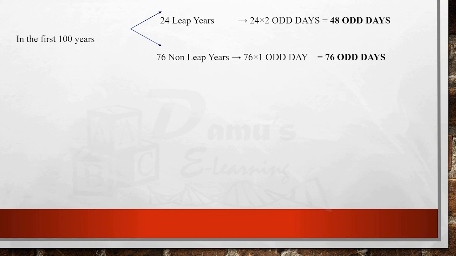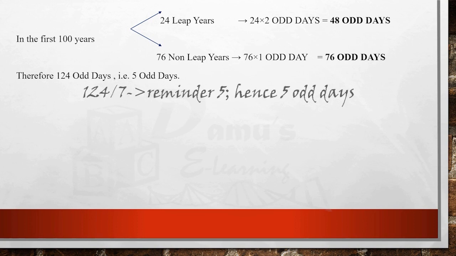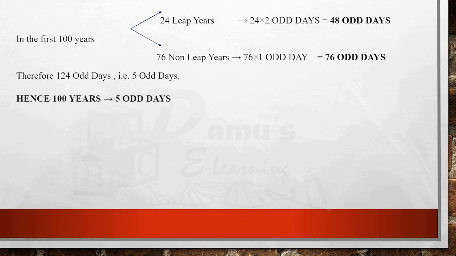And 76 non-leap years means 76 into 1, 76 odd days. Therefore, total 124 odd days. Now, 124 odd days means 124 divided by 7. Remainder is 5. Hence, in the first 100 years we got 5 odd days.